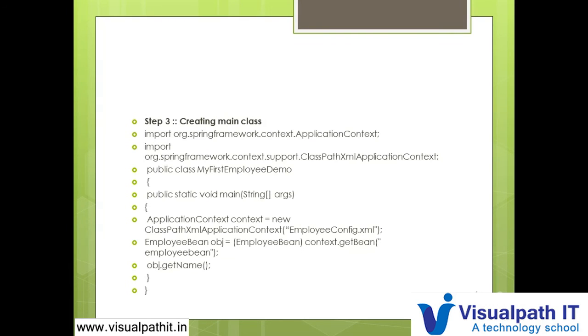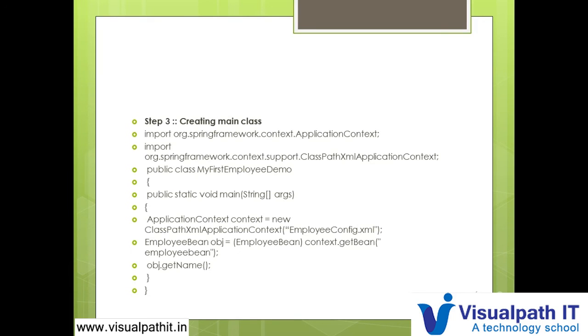And creating the main, as we all know, each and every application will have a single main function. So the main function basically has to import the ApplicationContext as well as the API ClassPathXmlApplicationContext, from where we are exactly fetching the XML.